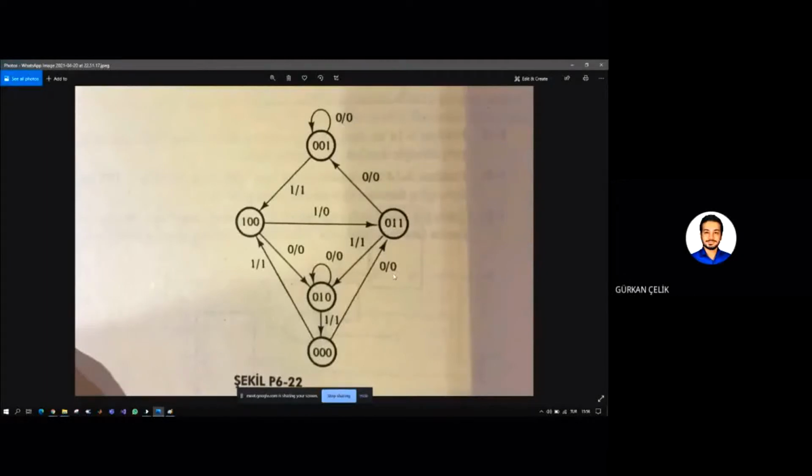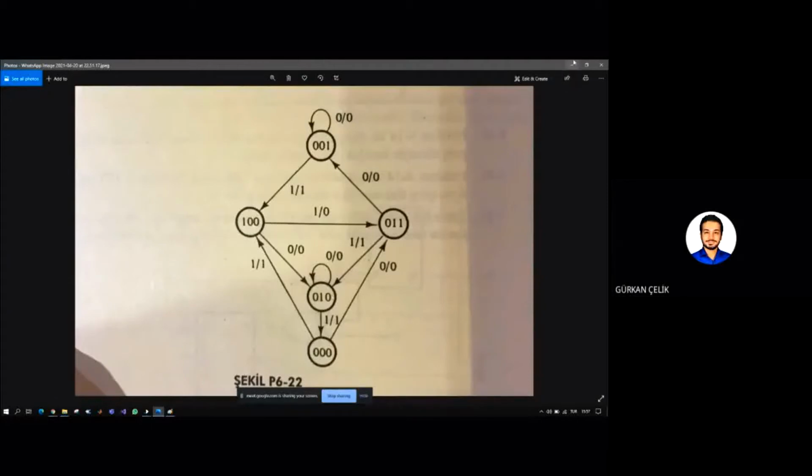Can you see my mouse? Okay, you can see the lowest circle is 0 0 0, and the right arrow of this circle is 0 input and 0 output. So if the current state is 0 0 0 and the input is 0, the next state should be 0 1 1 and the output should be 0. And while in this state, if the input is 1, the next state should be 1 0 0 and the output is 1. After that, you will follow like this.